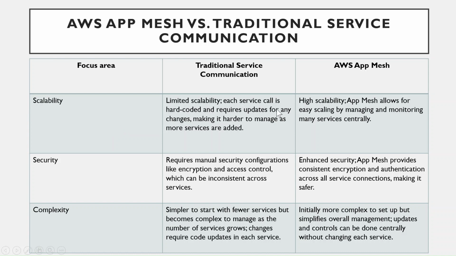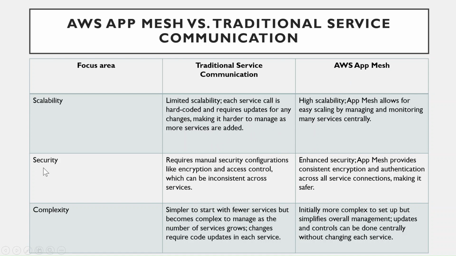Each service call is hard coded and requires updates for any changes, making it harder to manage as more services are added. AWS App Mesh is highly scalable. App Mesh allows for easy scaling by managing and monitoring many services centrally.